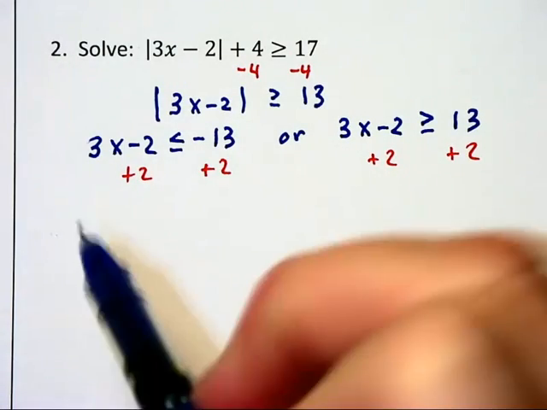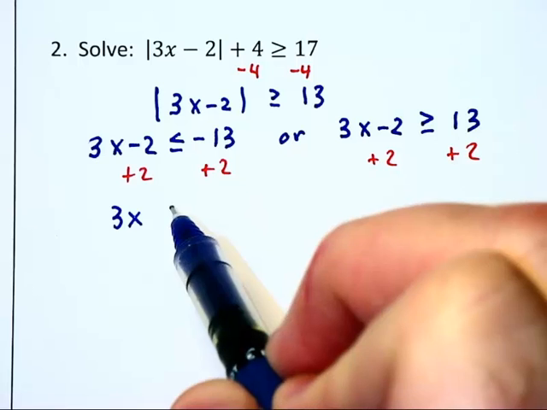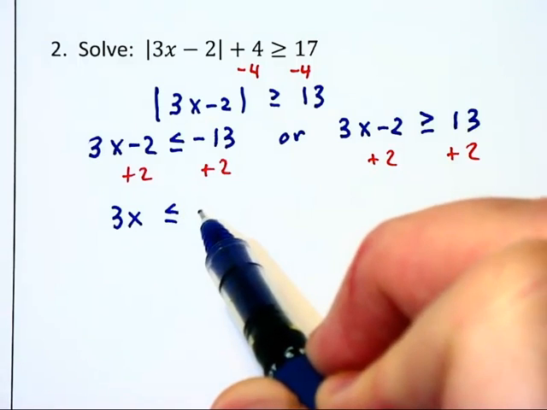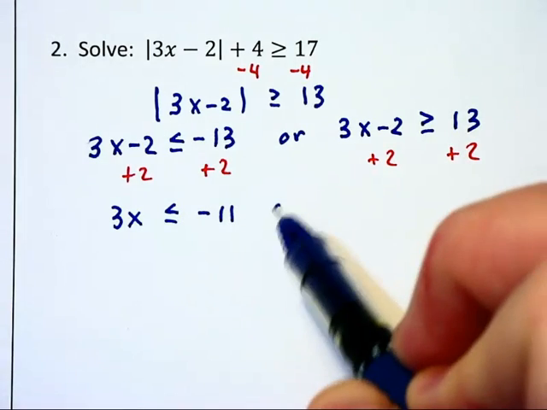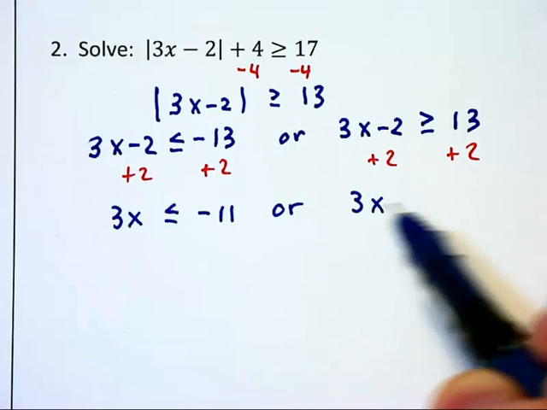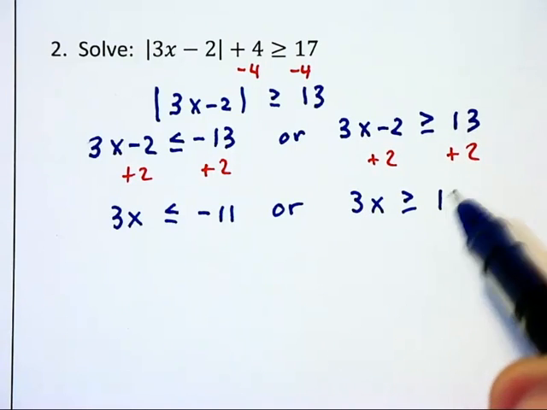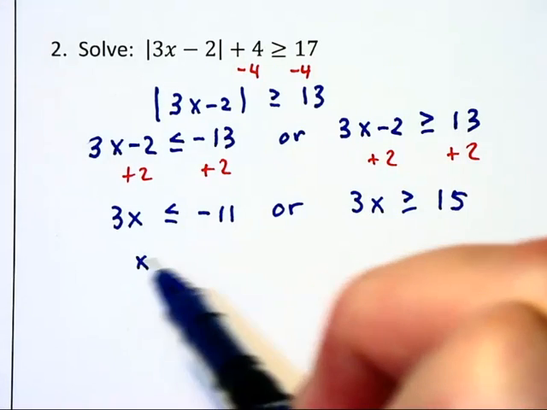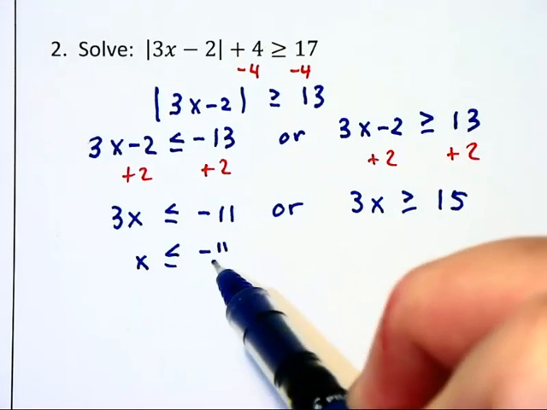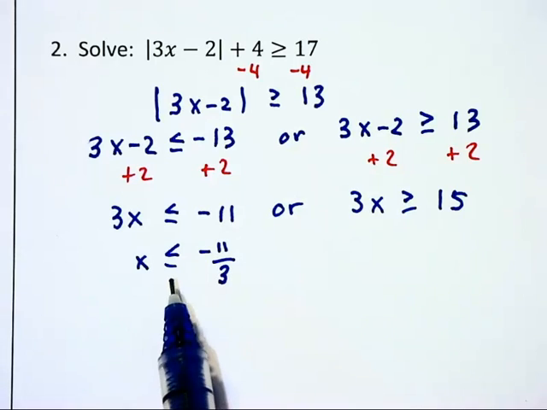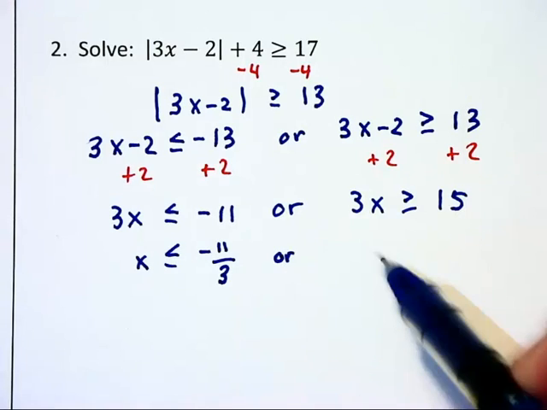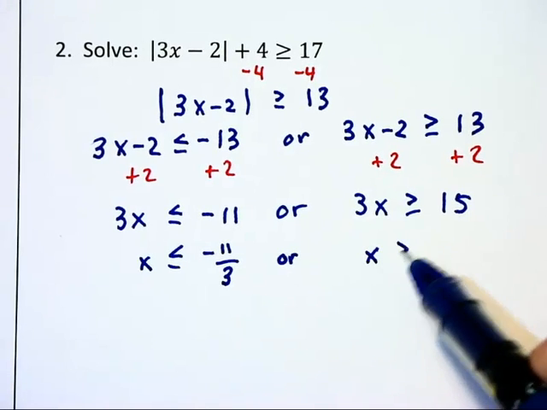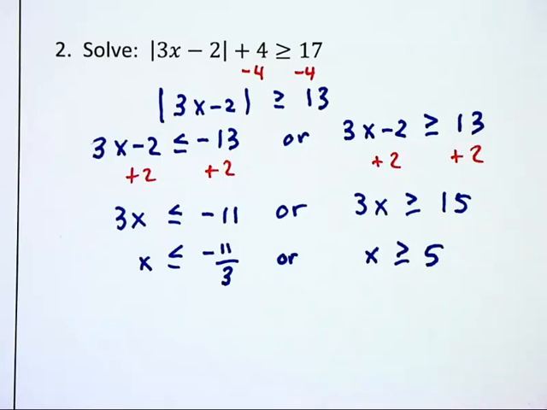This will give us 3x is less than or equal to negative 11, or 3x is greater than or equal to 15. Dividing each side by 3, we have x less than or equal to negative 11 thirds. Because we divided by a positive 3, we do not change the direction of the inequality. Or we have x is greater than or equal to 5.